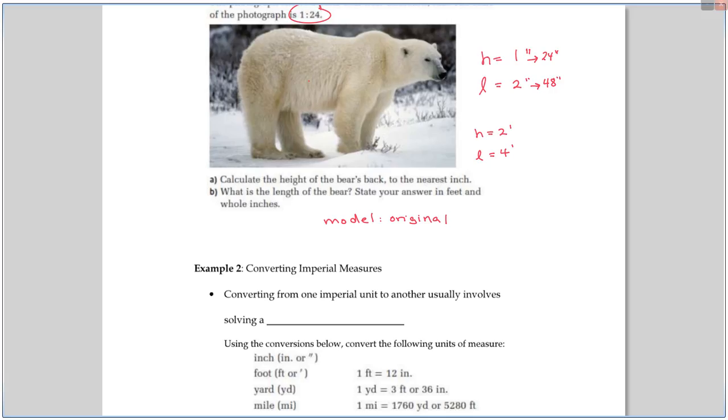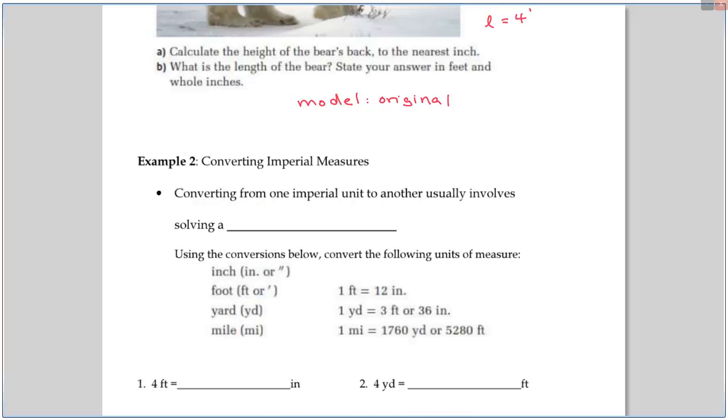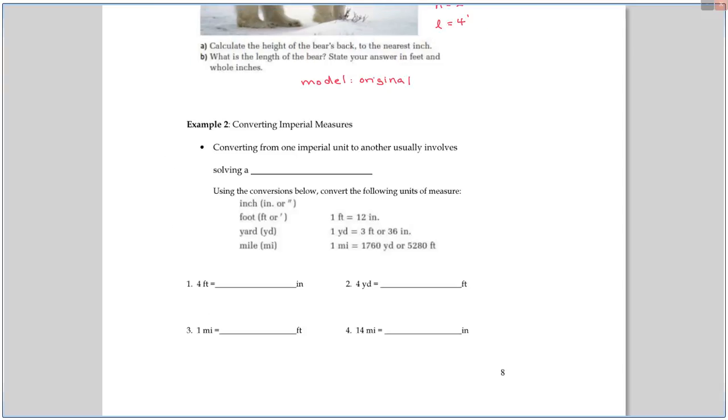Okay, converting imperial measures. So there's 12 inches in the foot, there's 3 feet in the yard, there's 1,760 yards in the mile. Completely random. The word is arbitrary. It's just a random number that makes no sense. Arbitrary. Just pick a number, whatever. Now I'll show you the technique.